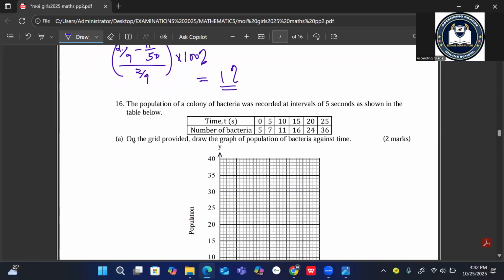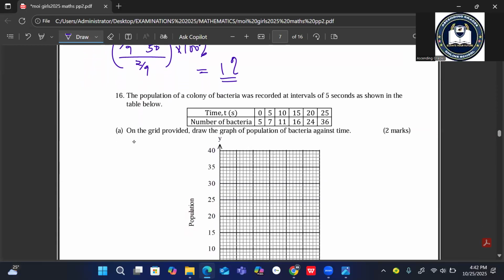Then the last part of this section 1. The population of a colony of bacteria was recorded at intervals of 5 seconds as shown in the table below. That is time and the number of bacteria.